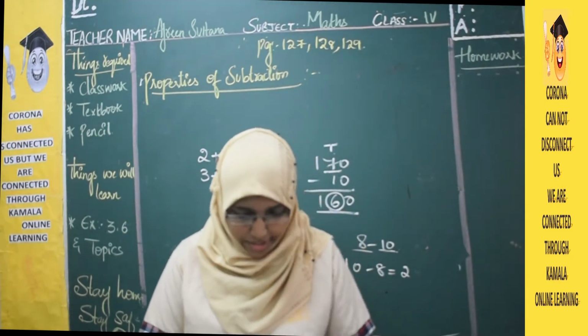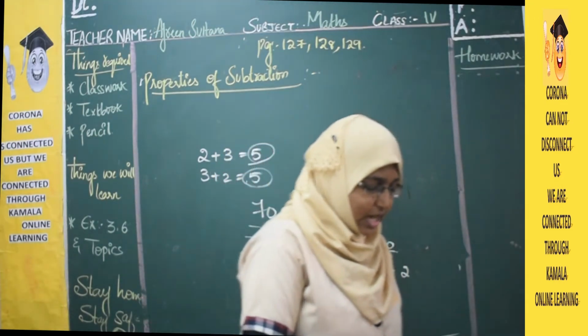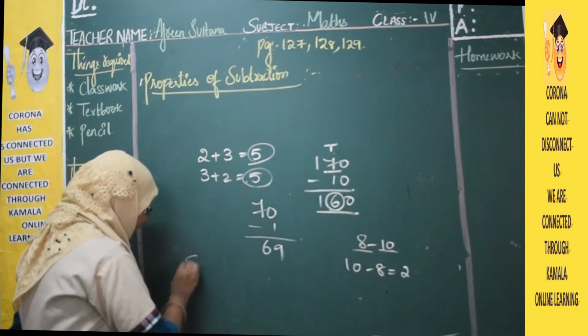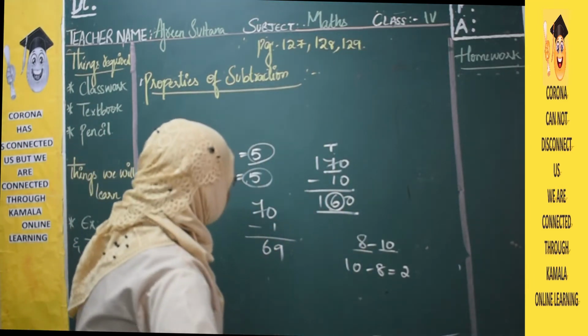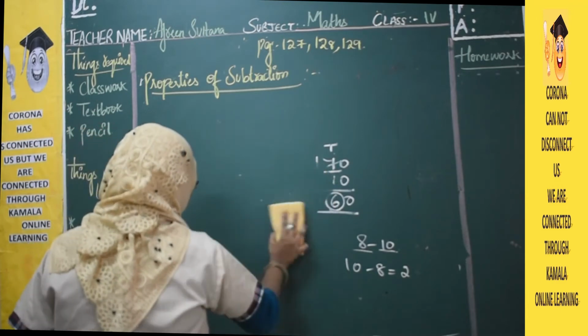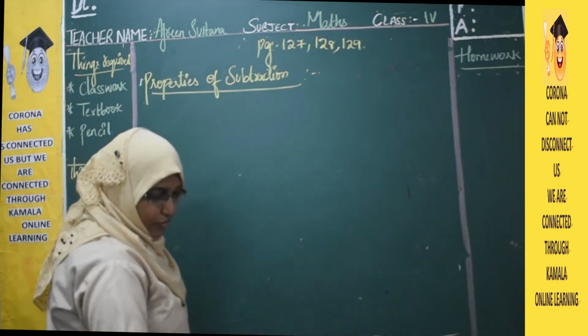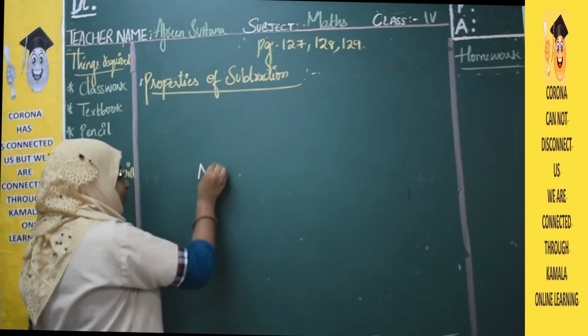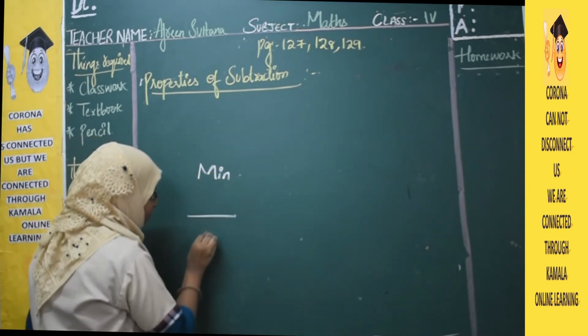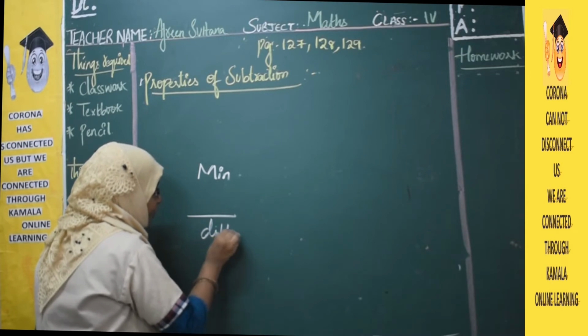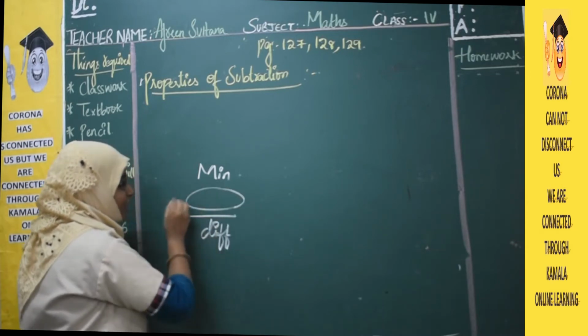Let us see finding the missing number. In the last class, we already saw how to find it. I gave you the same question as homework. I hope you have done it. What was the question? They gave the minuend and the difference, and asked us to find the subtrahend, the variable here.